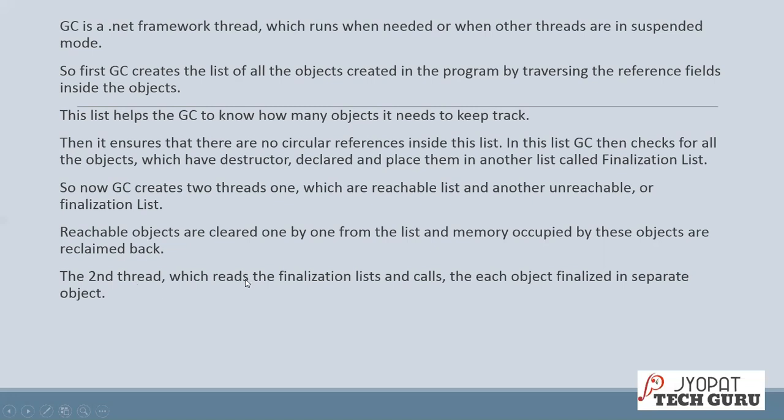The second thread reads the finalization list and calls the finalizer of each object as a separate object. So you can imagine the work taken by the garbage collector. It is going to divide the work into a number of threads and perform the actions accordingly.